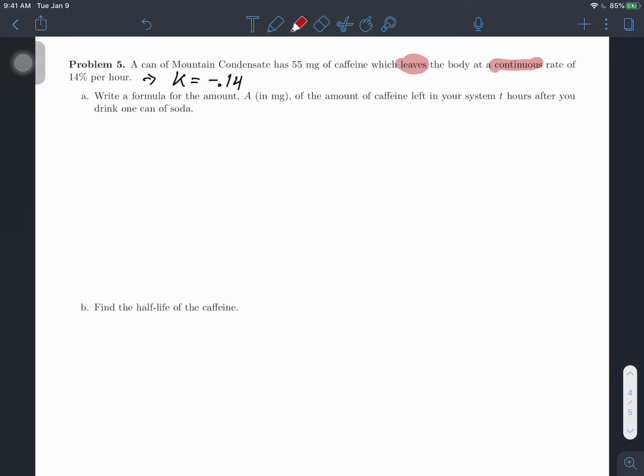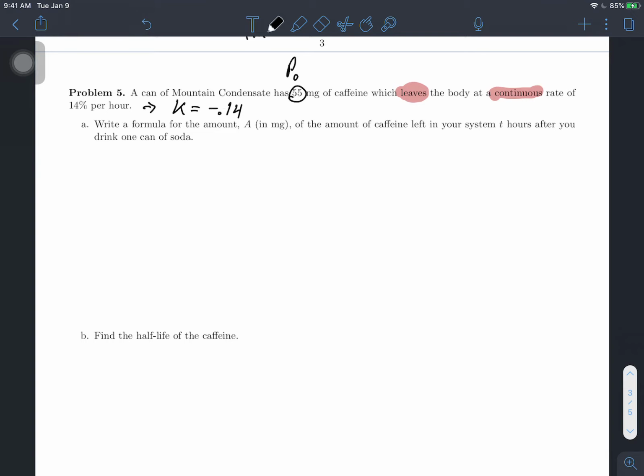Leaving the body means it's decreasing, so K is going to be negative. And 55 milligrams, that's going to be my P naught. We want to write a formula for the amount A, so really we should say A naught, of the amount of caffeine left in your system T hours after you drink 1 can of soda.